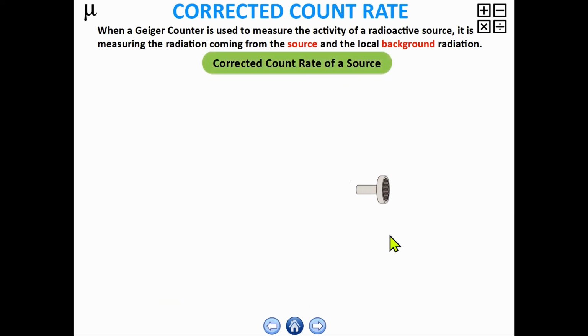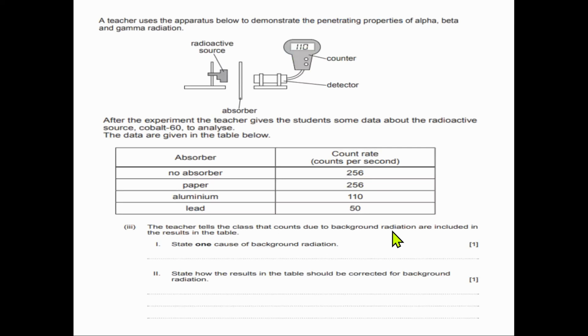Here is an example. The teacher uses the apparatus below to demonstrate the penetrating properties of alpha, beta, and gamma radiation. After the experiment, the teacher gives students some data about the radioactive source, cobalt-60, to analyze. The data are given in the table below.